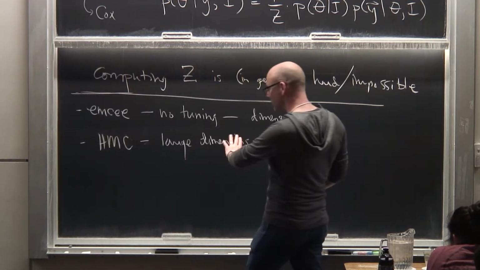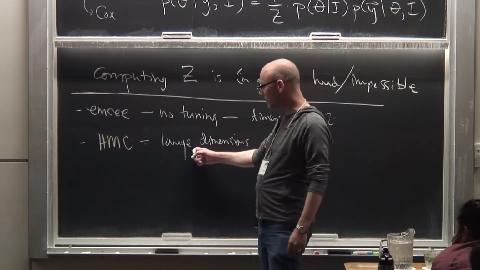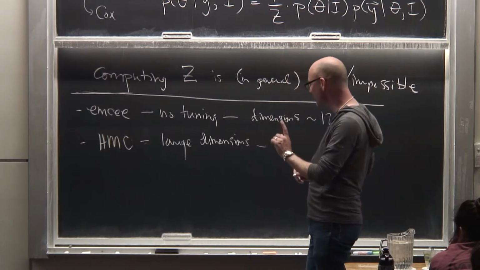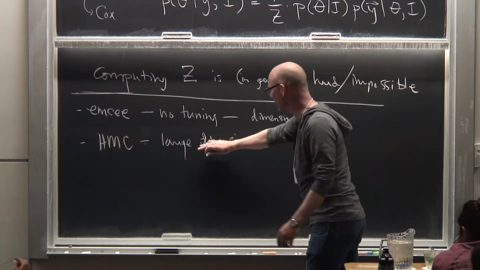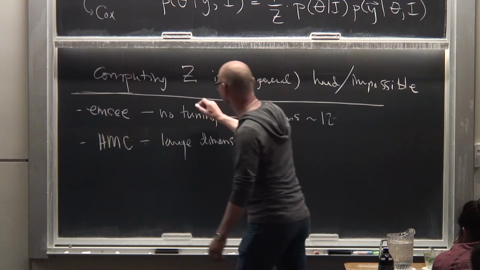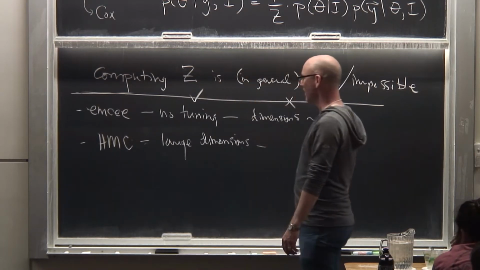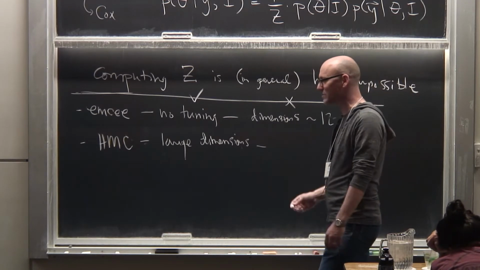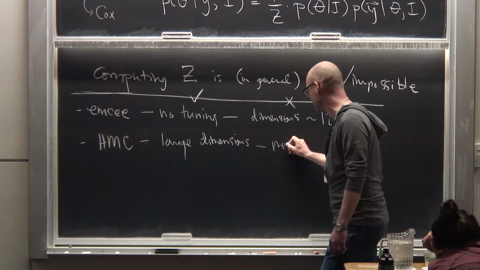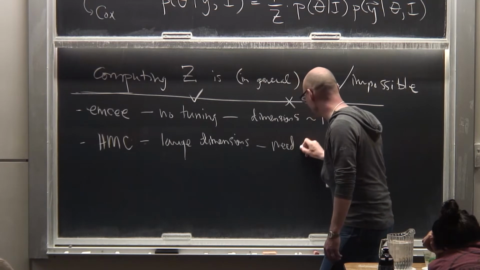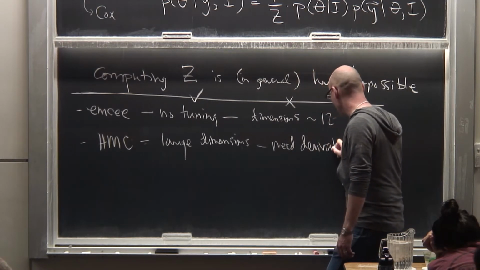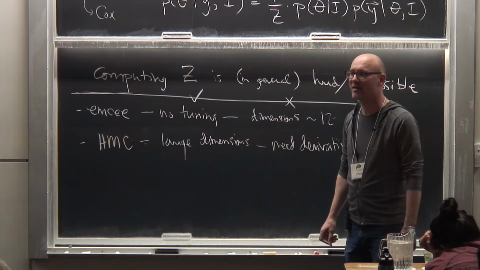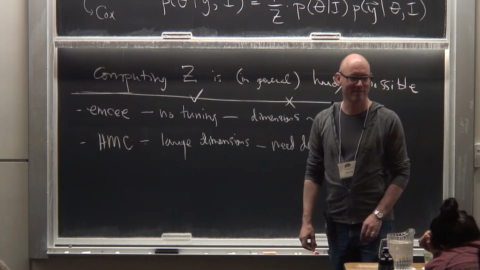So this is generic. HMC is generic, will work with any form of the likelihood function, but it has a requirement. So this is like what's good, what's bad. Okay, so this is like yay, it's good, this works in large dimensions, but the bad thing about HMC is you need derivatives. Because as you may recall, forces are gradients of potentials.